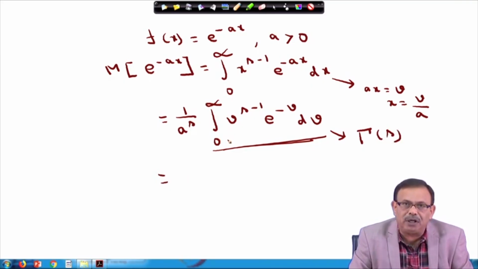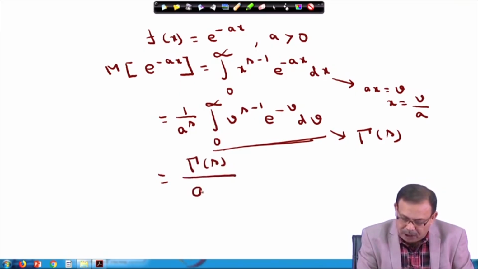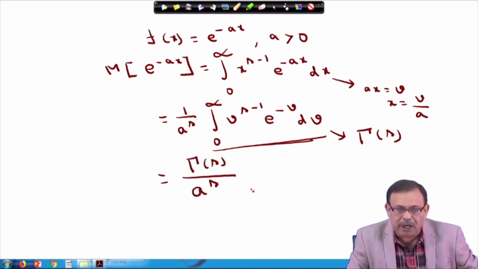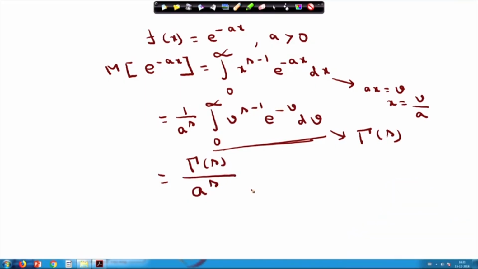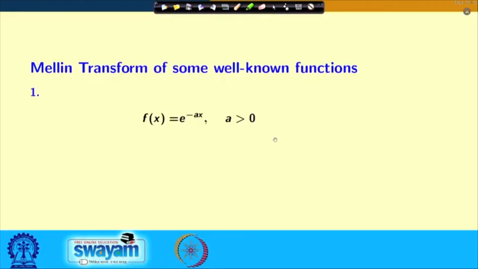If I evaluate this integral, then I will obtain gamma s, so I will obtain the result as gamma s by a to the power s. Therefore, the Mellin transform of e power minus a x is equal to gamma s by a to the power s.